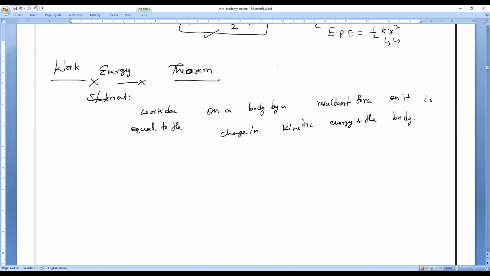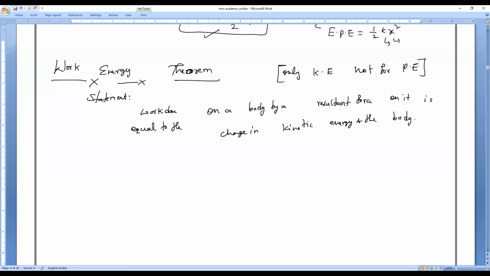Okay, now keep it in mind, the work energy theorem is only for kinetic energy, not for potential energy. That is also something you have to remember.